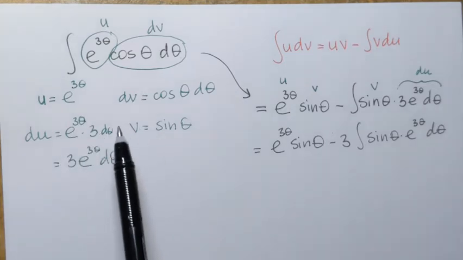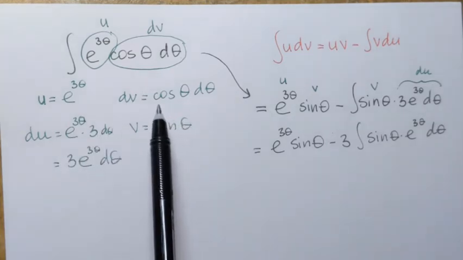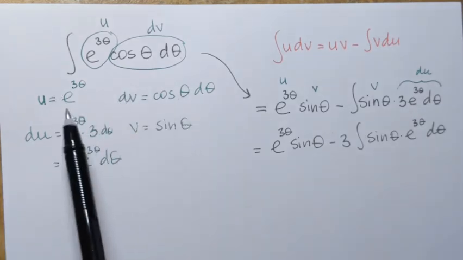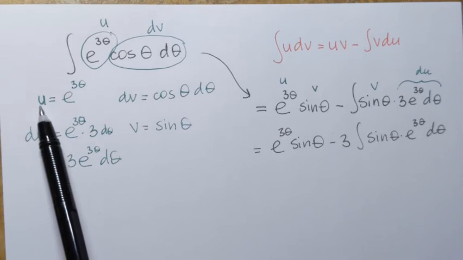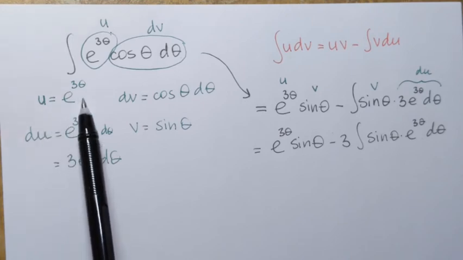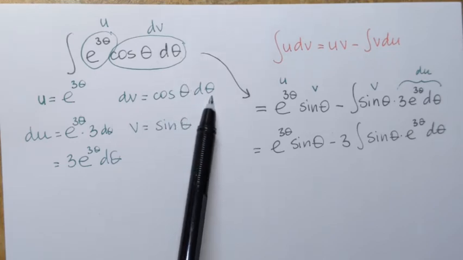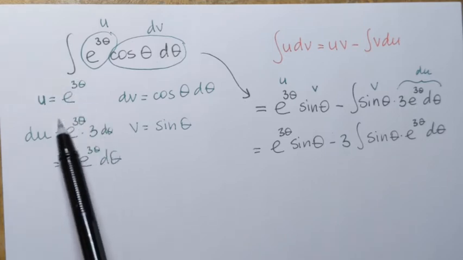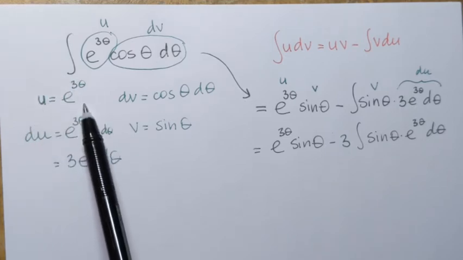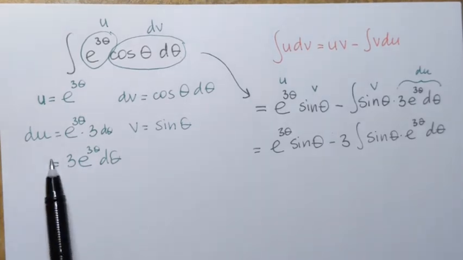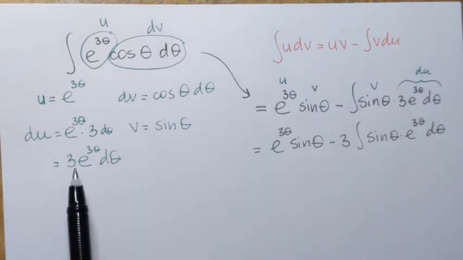Let's just think, without writing any extra notes, what would happen if we switched the order. If u was cosine, and dv was e to the power 3 theta d theta, would it make any difference? If u is cosine, its derivative is going to be negative sine, which means the trig function is not going to go away.